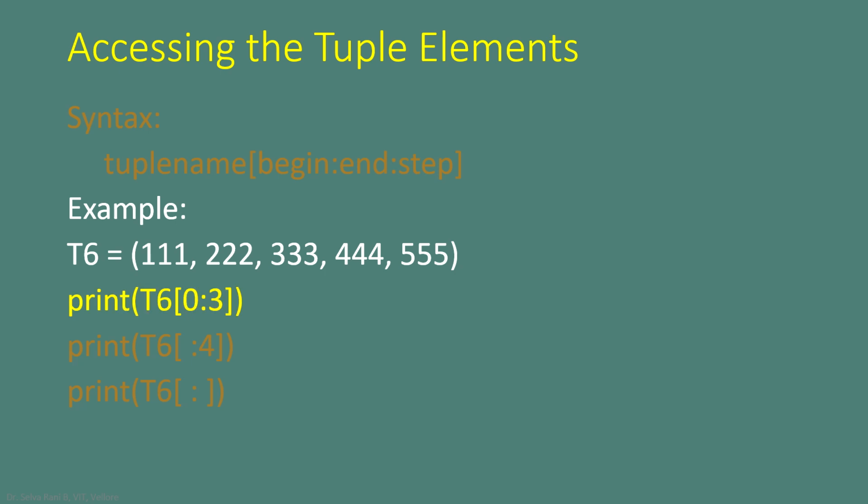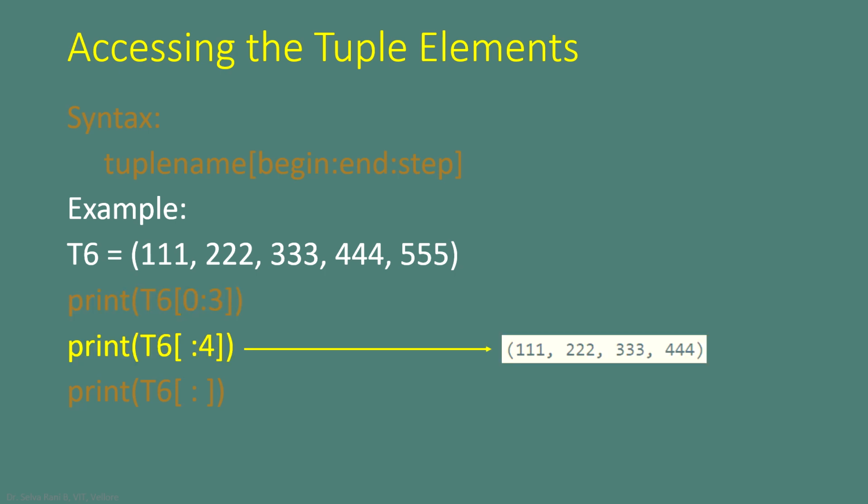If we access from 0 through 3, the elements accessed are triple one, triple two, and triple three. T6 of colon 4, in which we omitted the starting index, and so 4 minus 1 is 3. From the beginning of the tuple till the index 3, the elements are accessed.